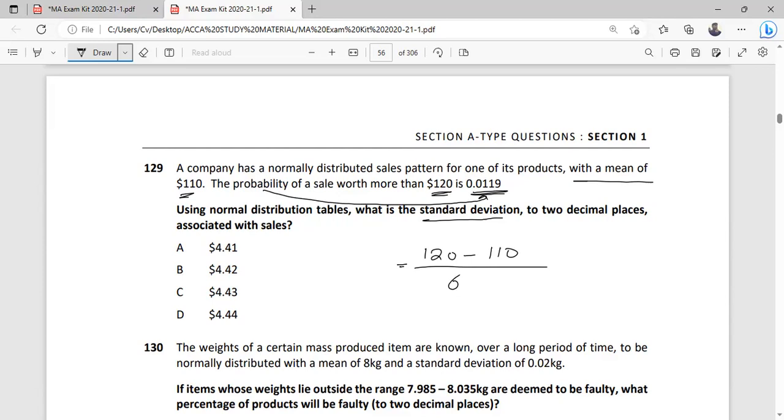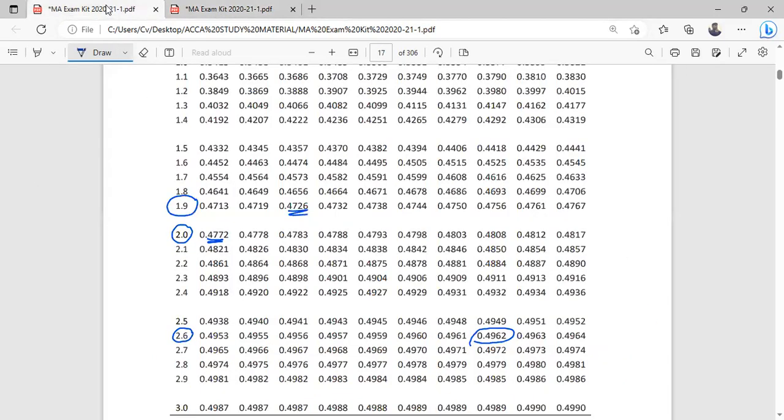We will calculate the value of z. But how to calculate? First of all, we will deduct this value of probability from 0.5. So our answer is 0.4881. Now we will go to the distribution table and see where we have 0.4881.